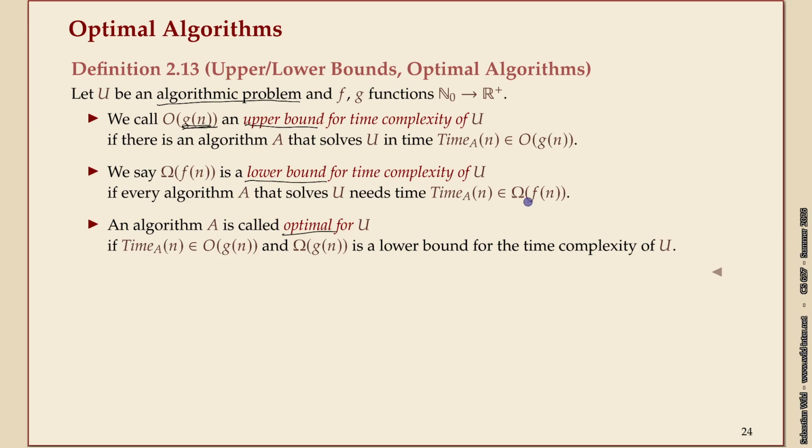So you cannot improve the time of this algorithm for that problem by more than a constant factor. That's what people in algorithm theory often mean when they say an optimal algorithm, which is a bit unfortunate because this optimal is only optimal if you ignore constant factors for large enough inputs and in the worst case. Okay.